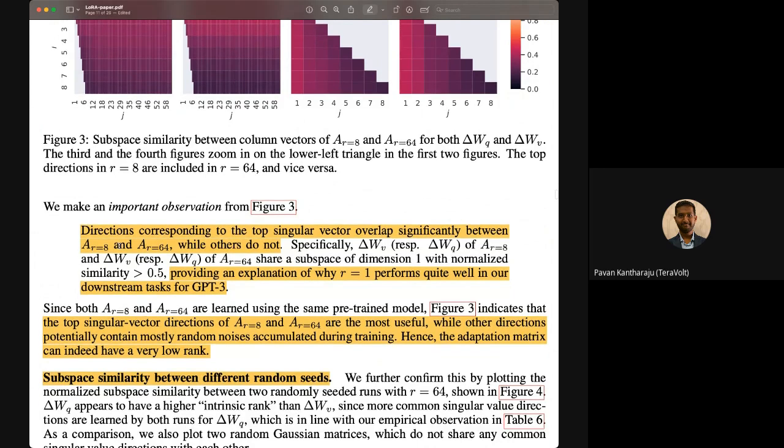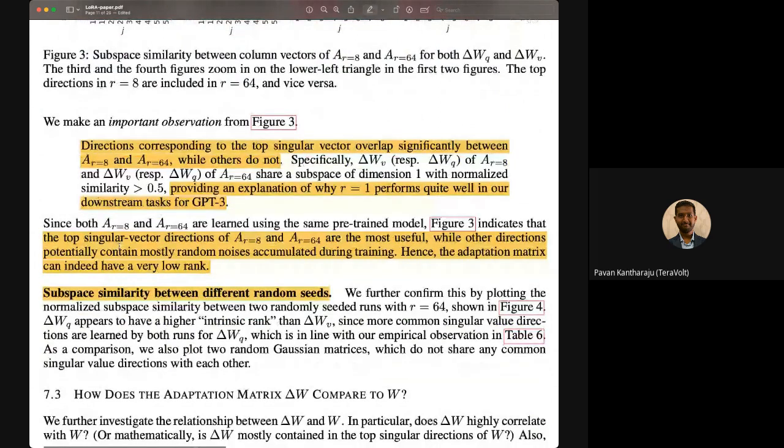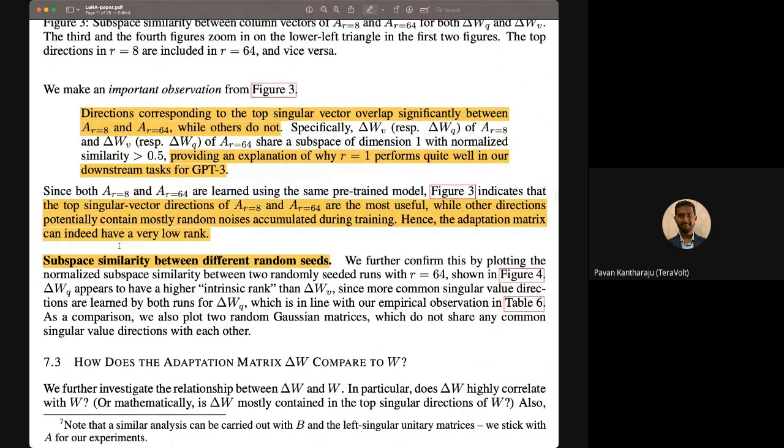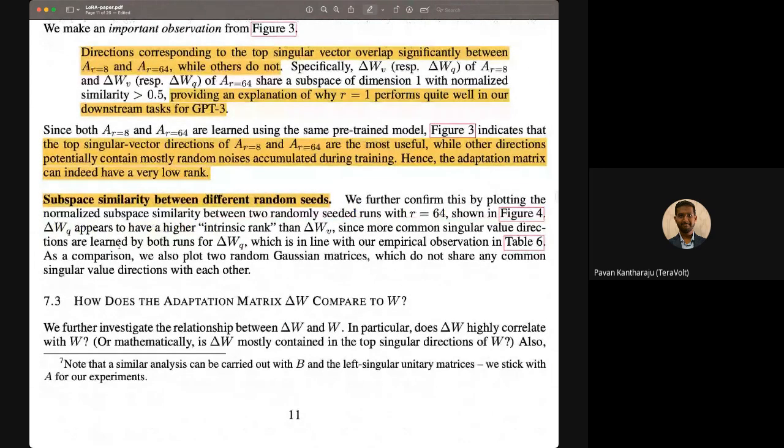They also look at the similarity if you were to take a single rank and have 2 separate runs, to see if you still have overlap within the first singular vector. And it looks like they do see this.